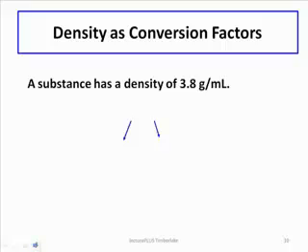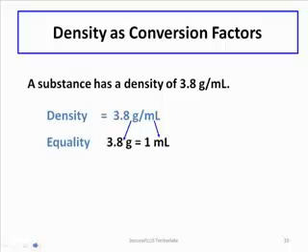Okay, we can use density as conversion factors in factor label type problems. And in fact, if you are uncomfortable with rearranging the density equation to find different things, like solving for grams or solving for the volume, using it as a factor label really helps that.